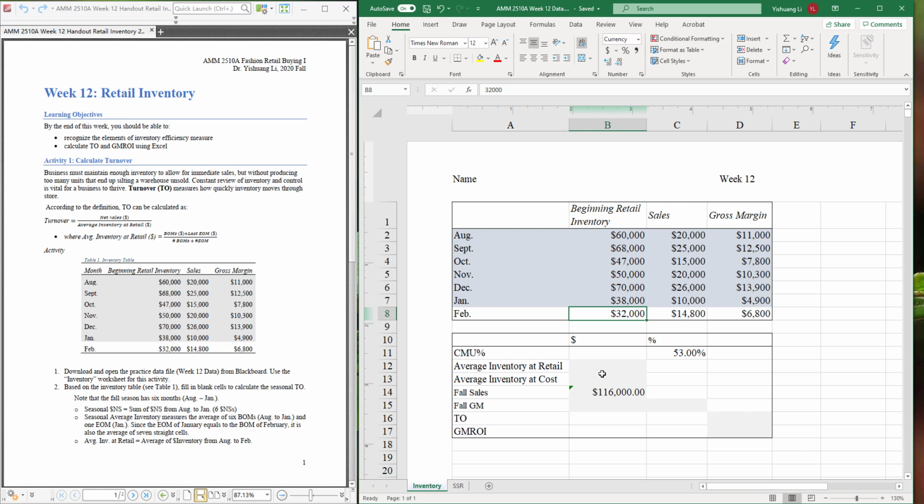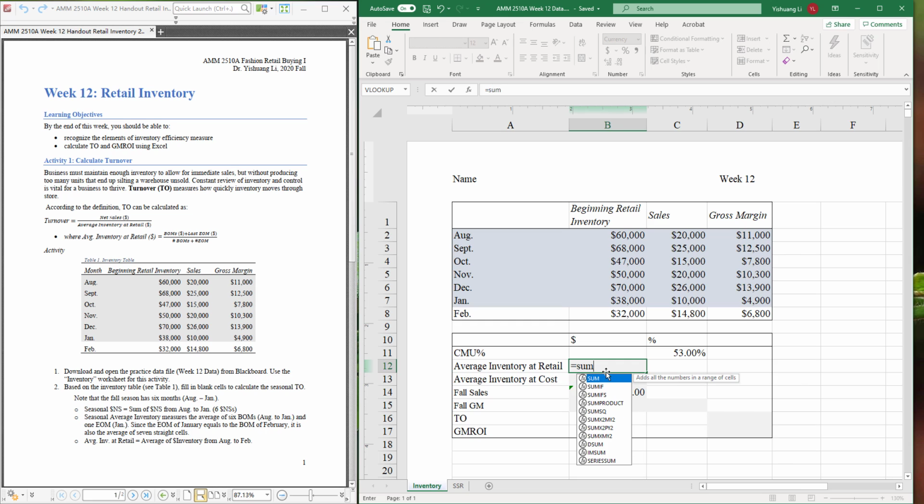So in order to calculate the average inventory at retail, we can do it in two ways. We can use the same sum formula that we used a while ago to sum the 7 numbers, and we need this number over the total number of months, which would be 7.